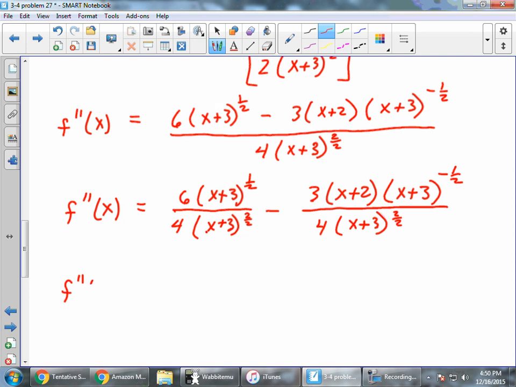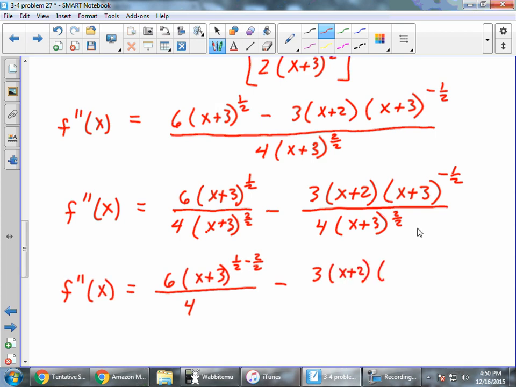So now we have f double prime of x equals 6 times the quantity x plus 3 to the 1/2 minus 2/2 over 4 minus 3 times, bringing the x plus 2 along for the ride, x plus 3 to the negative 1/2 minus 2/2, also over 4.